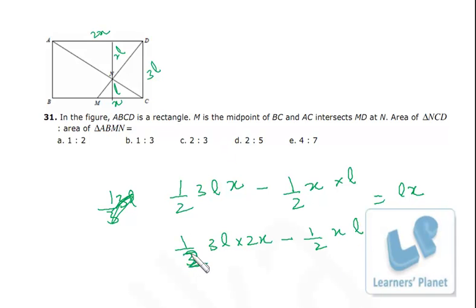So 3 times 2 is 6, that is 3Lx, minus half Lx, so that is 5 by 2 Lx, right? Now we have to find the ratio. So it is Lx upon 5 by 2 Lx, or precisely 2:5. Okay, so a very interesting question.